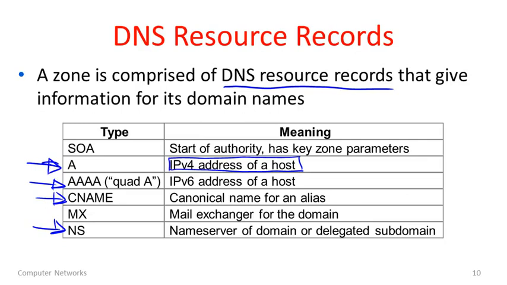They're just two different names, which is convenient. There are also records if you want to find the mail exchanges for a domain, to deliver mail to a domain. And all zones start with an SOA, a start of authority record. It gives you key parameters about the zone, like how long the information is valid for, and who the name server responsible for the zone is, and so forth.